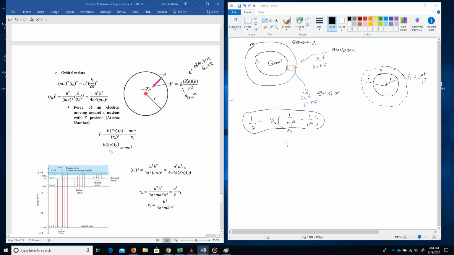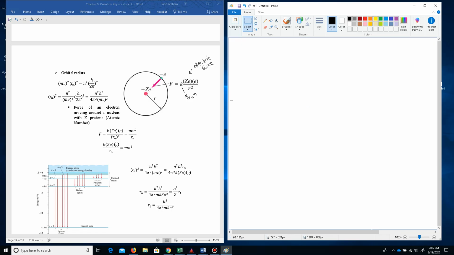Now if we look at the linear, let me draw it on the white page. We look at the linear momentum. Now L is mass times velocity times Rn, and that's equal to nh over 2 pi. Okay, we're going to square both sides.